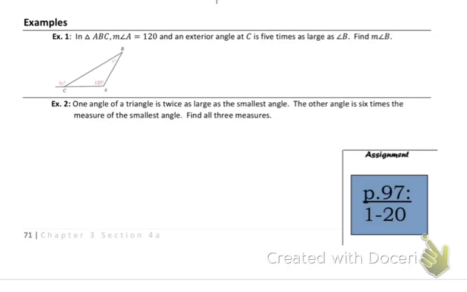The way we'd set this up and solve it is 120 plus x must equal 5x. If we solved this, we'd find that x equals 30 degrees, which is in fact my angle B.